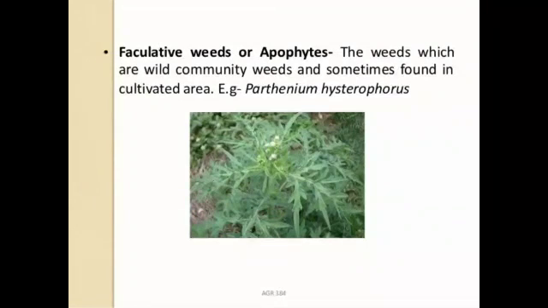Facultative weeds are weeds of wild communities which grow not in a cultivated field. They are also called apophytes, but may sometimes escape into cultivated fields. Their example is Parthenium or cactus.